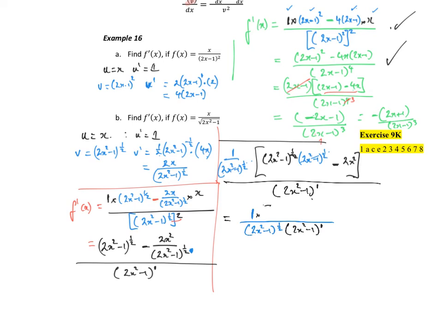And now I've got this black bracket here, 2x squared minus 1 to the half times 2x squared minus 1 to the half will give me just 2x squared minus 1 to the 1, minus 2x squared, which gives me, well, 2x squared minus 2x squared is 0. So that gives me a negative 1 on top over, these two things have the same base, so I can add the powers. So that gives me 2x squared minus 1 to the 3 on 2.